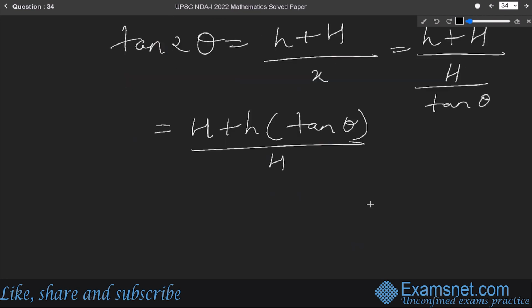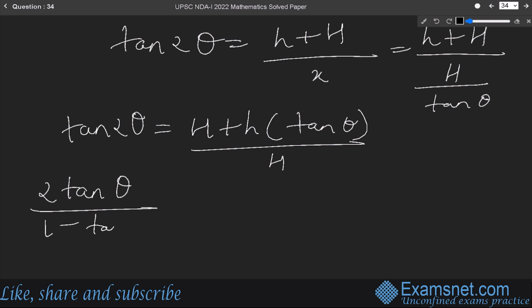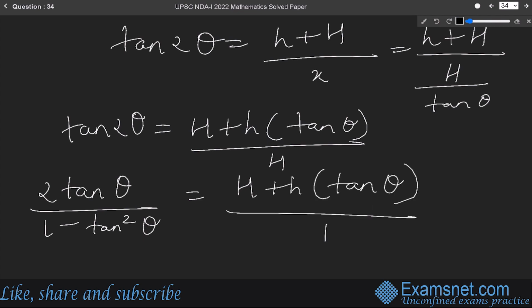Now we know the formula for tan 2 theta. In the left hand side there is tan 2 theta. So putting the formula for tan 2 theta, we get 2 tan theta upon 1 minus tan square theta, and the right hand side is equal to h plus h into tan theta upon h.